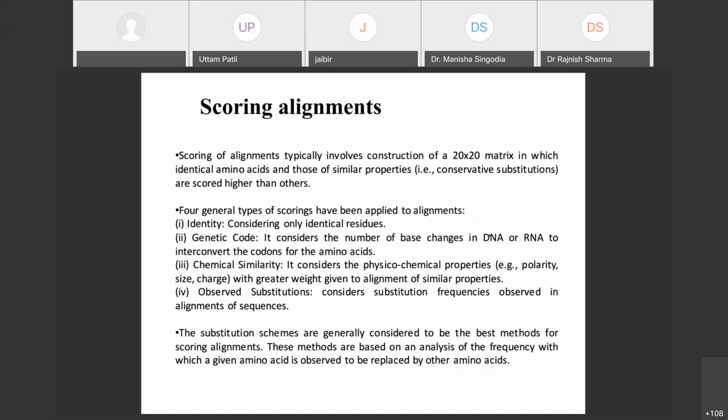Now, as I said, doing alignment is one thing, but which alignment is the best? So you have to have some kind of numerical criteria, which is called scoring of the alignment. Scoring of the alignment typically involves construction of a matrix where identical amino acids, or if there are not identical amino acids, the amino acids with similar properties are scored higher than others.